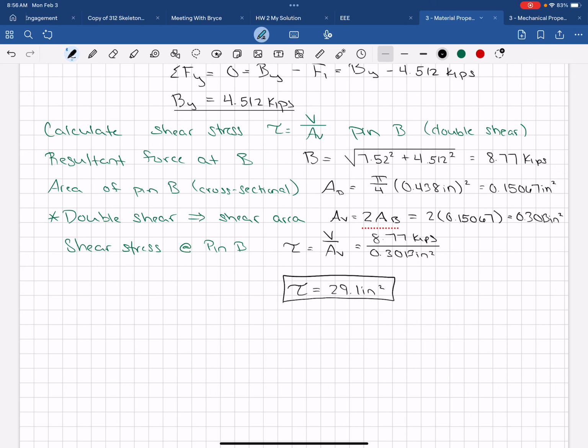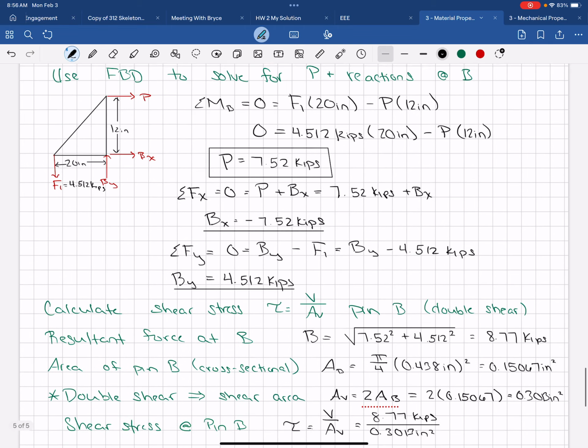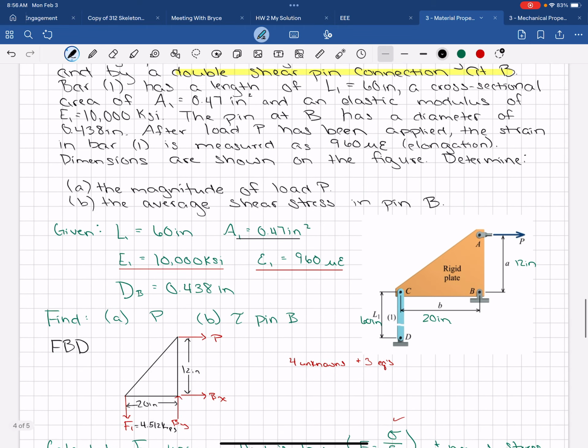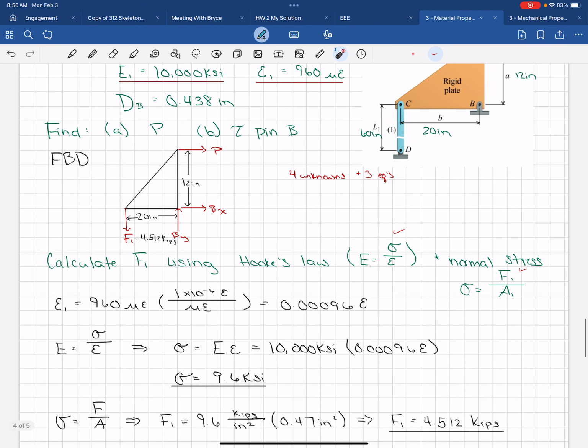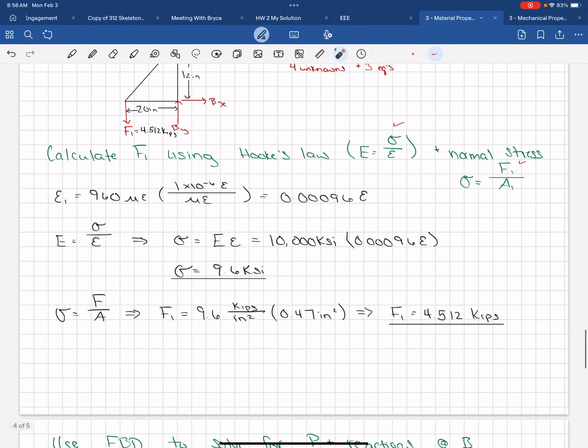All right. So we found all of our useful information from the problem and what we needed to know. We drew our free body diagram to get oriented on what we did know and what we needed to know. We figured out that we could calculate F1 using Hooke's law and the normal stress equation.